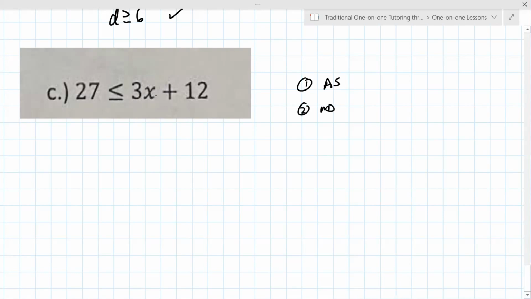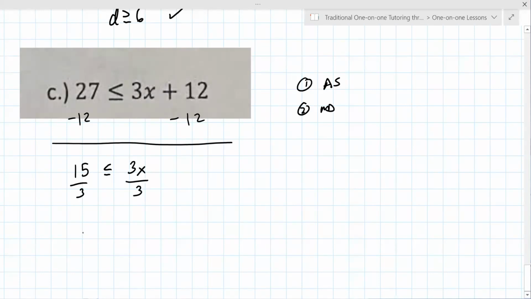So see how there's plus 12 here? Yeah, I do. How do you undo addition by 12? Subtract 12. Yes. So you had 15 less than or equal to 3x. How do you undo multiplication? Division. By 3, division by 3. So you get 5 less than or equal to x.